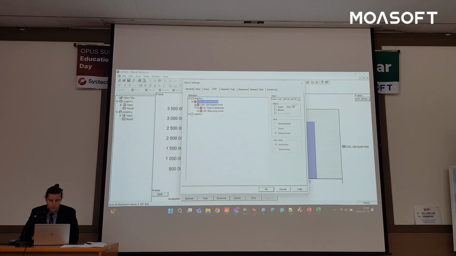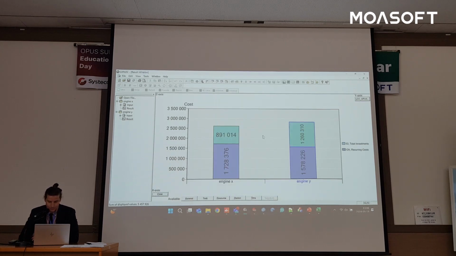By opening up here, you can see that the yearly recurring costs for the engine X are actually higher. It's 1.7 million, while it's only 1.6 for the engine Y. However, the investment cost for the Y engine is higher. It's 1.26 million, while it's only 900,000 for the X alternative. So it seems as if we need fewer spare parts for the X alternative, but we do more maintenance.